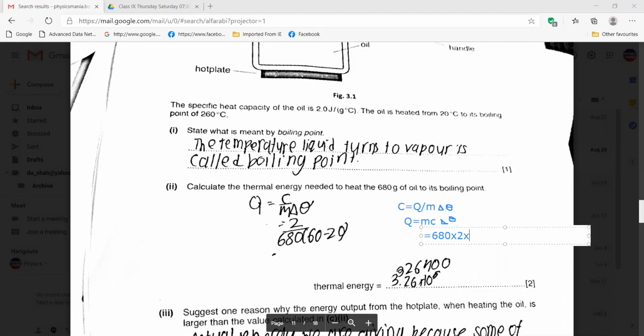Look, you also made a mistake here. You wrote only 60 to 20. So it should be 260 minus 20, 240 del theta. Then check the answer. Is it coming like this? Check with a calculator. Yes, sir.